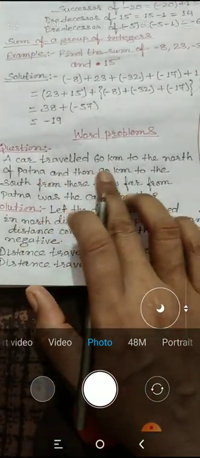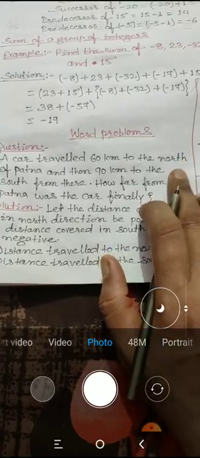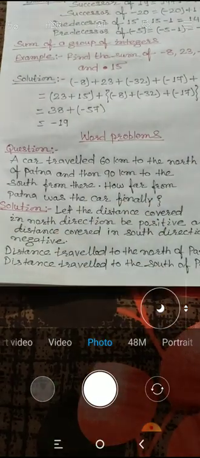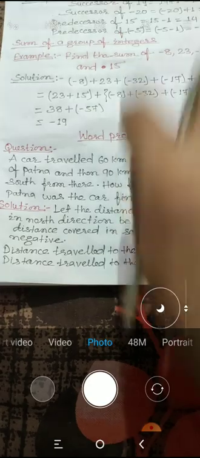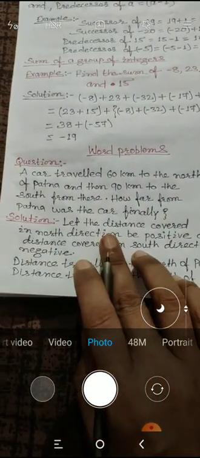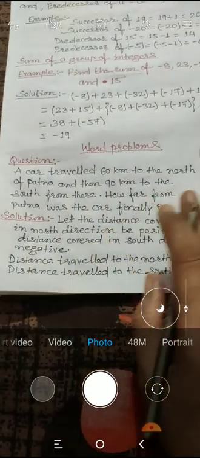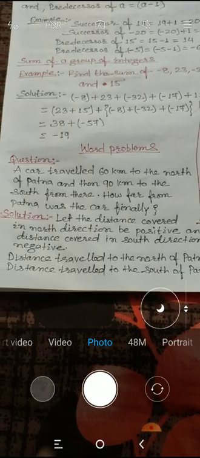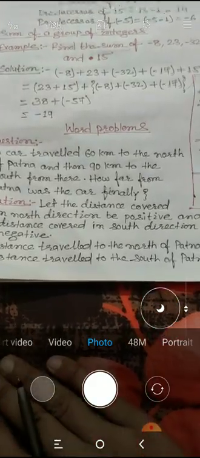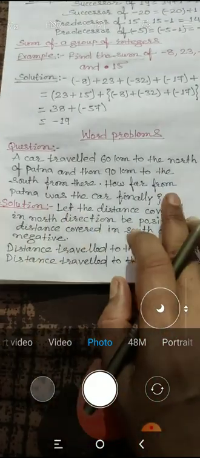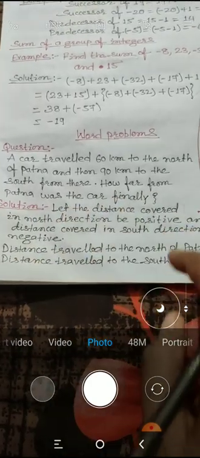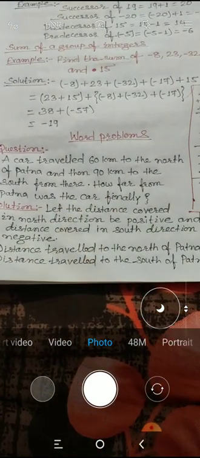A car travelled 60 kilometer to the north, upside, and from there 90 kilometer south it is going. How far from Patna was the car finally? So finally you have to find the position of the car.